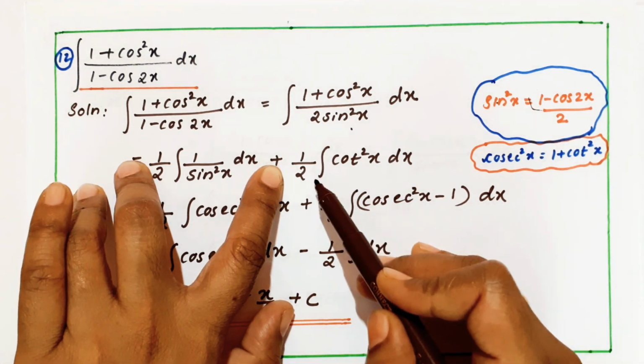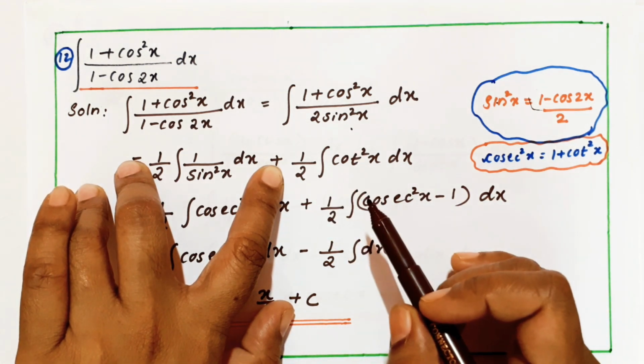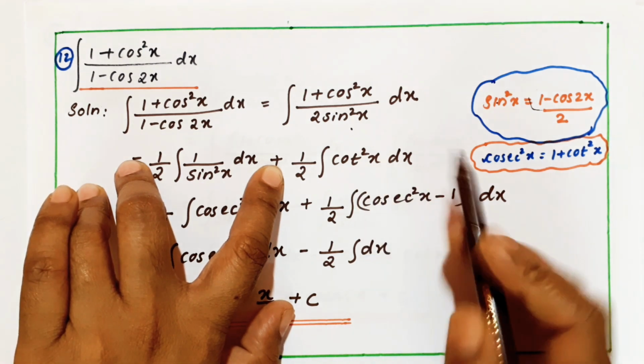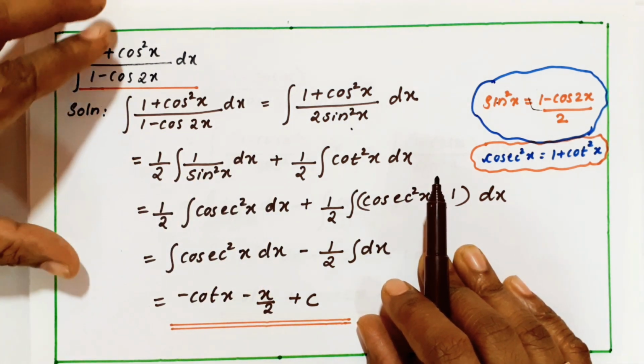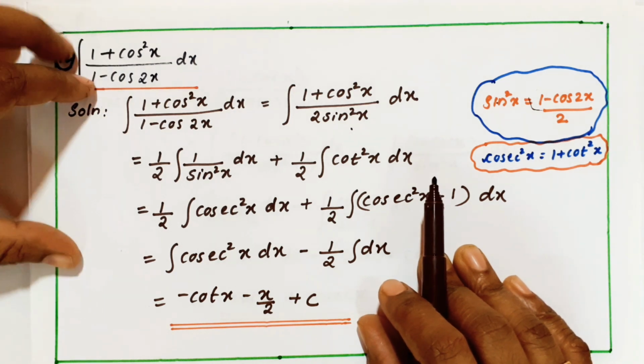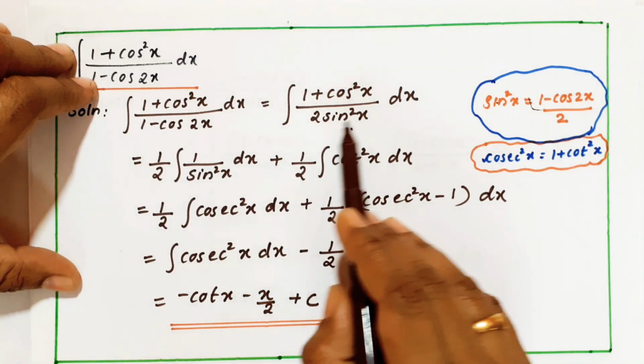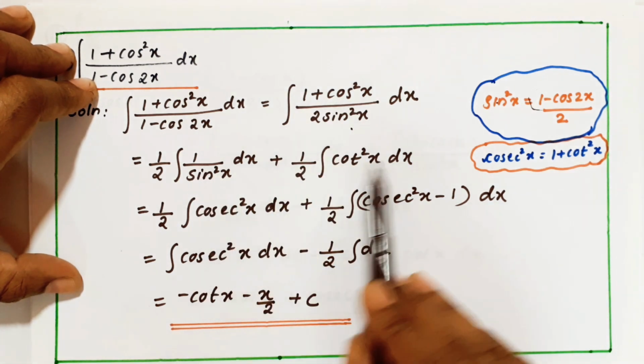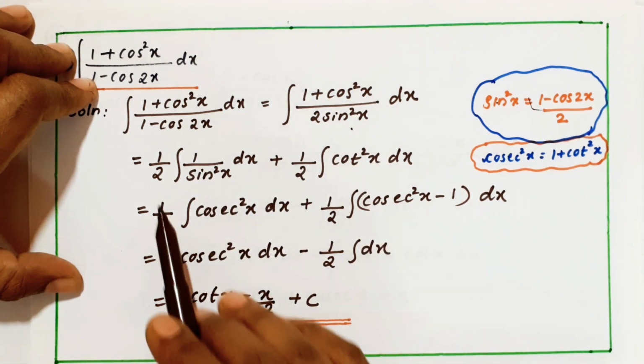So 1 by 2 into cos square x by sin square x we can write as cot square x dx. Clear? So what we did? We have written 1 minus cos 2x as 2 sin square x. After that I separated the numerator.